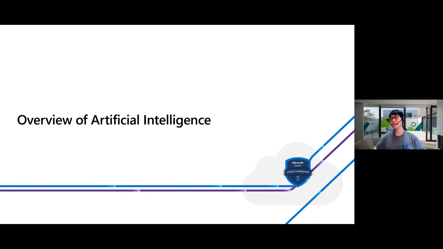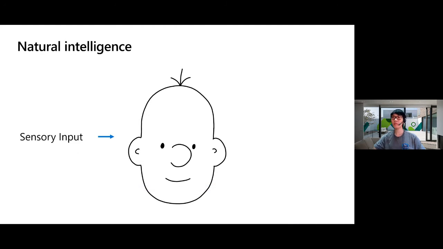Let's start with the overview of artificial intelligence. But before we talk about the overview of artificial intelligence and how it works, let's talk briefly about natural intelligence. If you think about how we as a human process information, it's not that different from AI or artificial intelligence. We take input from the world, sight, sound information, we process that through our model.